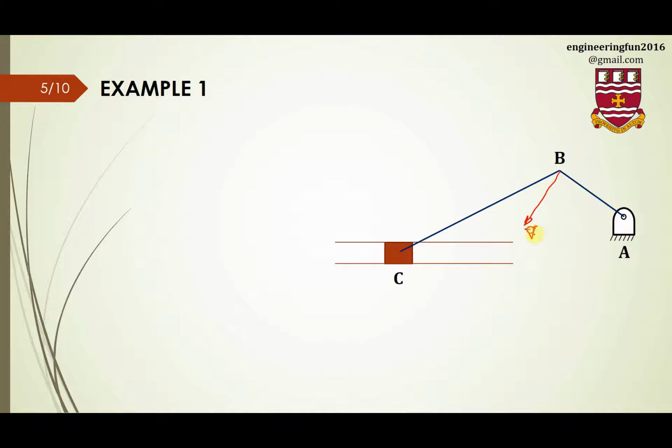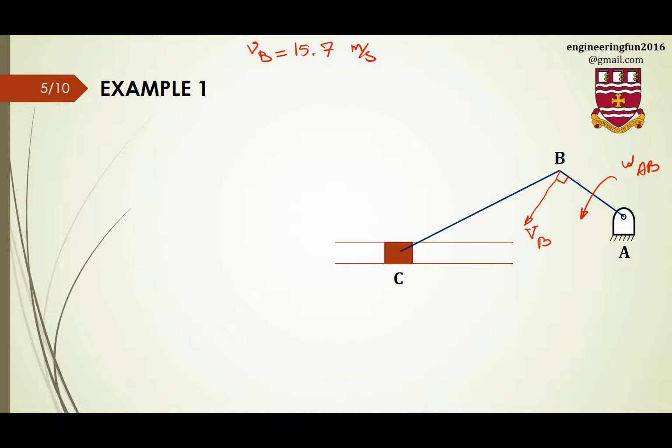This will be VB, and we found the magnitude is 15.7 meter per second. Okay, and this is 90, and this is the direction for omega AB.